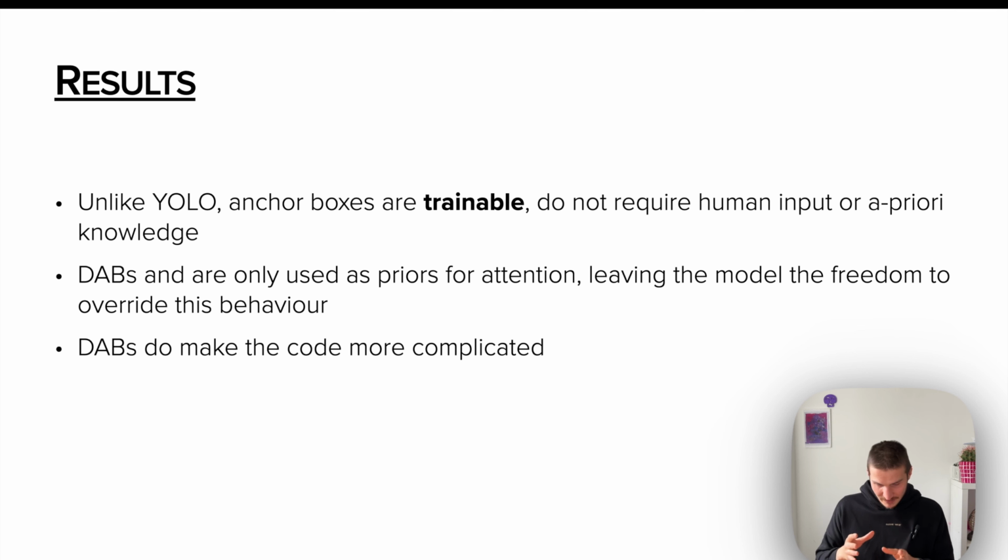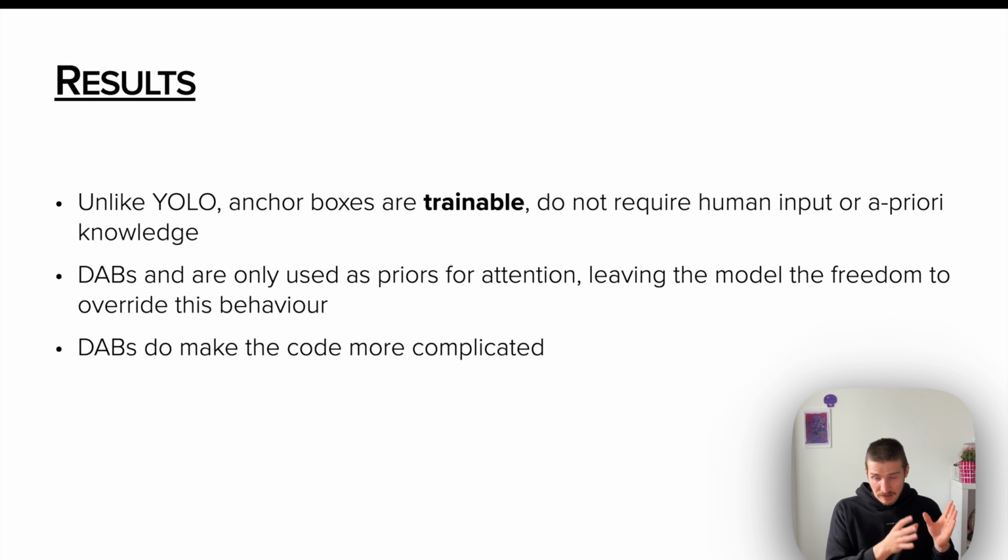So even if we had these 300 queries that should cover all the possible shapes and sizes, even if we get a new piece of data that the model maybe hasn't seen before, like an unusual shape, unusual scale of the object, and we don't really have an anchor box that matches that well, still that's only half of the attention mask calculation.